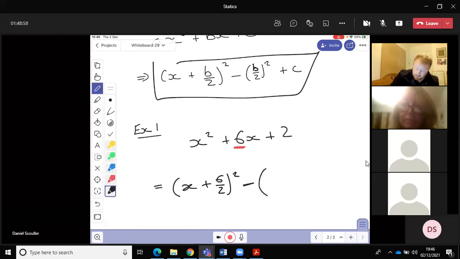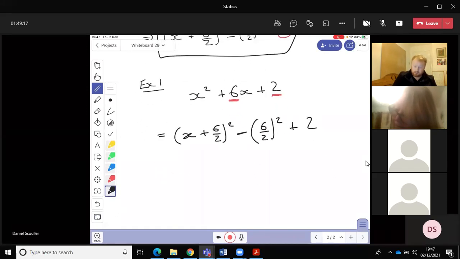Okay, 6 divided by 2 squared plus c. Okay, so c is that term there. So plus 2. And then it's just a case of tidying that up, working through it, tidying those terms up.